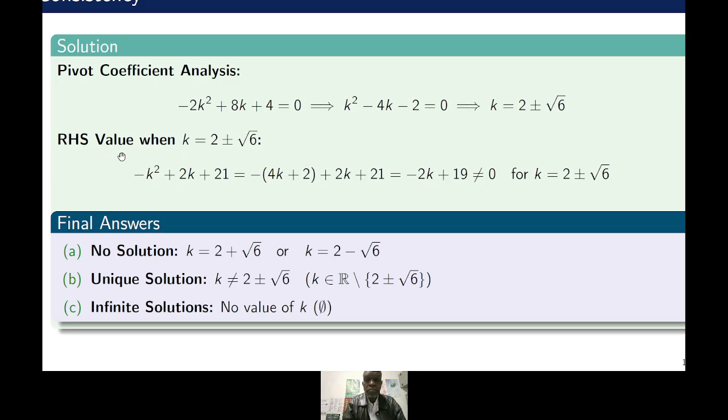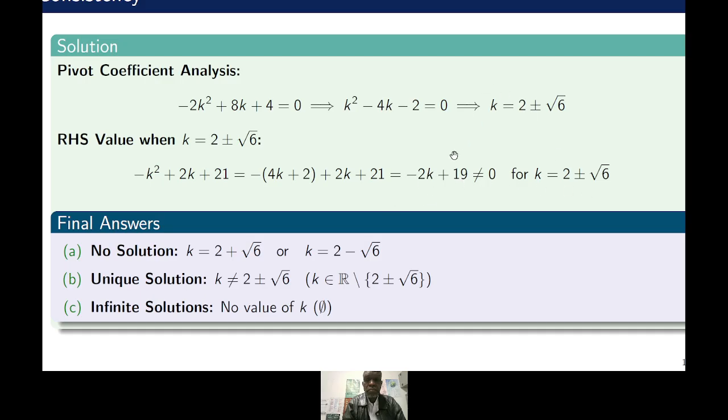Now the right hand side: if k is equal to this, you substitute on the right hand side, and you are going to have minus 2k plus 9, which is not equal to 0.